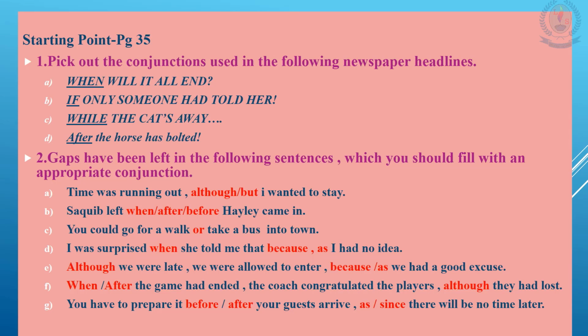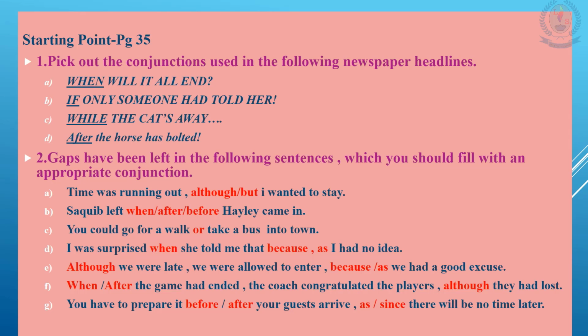Second question, gaps have been left in the following sentences which you should fill with an appropriate conjunction. First one, time was running out, blank, I wanted to stay. So here you can use different conjunctions to join these two sentences. You can use either although or but.